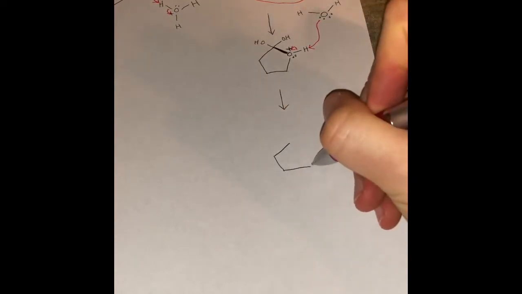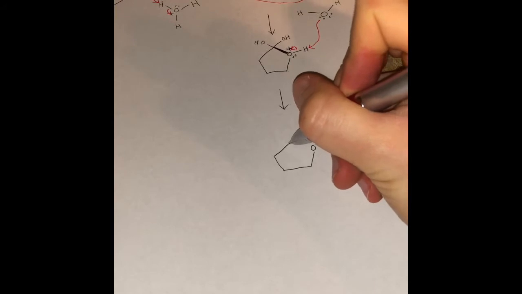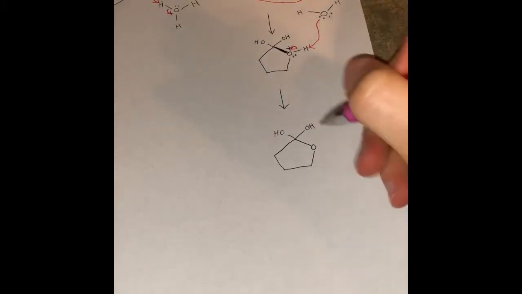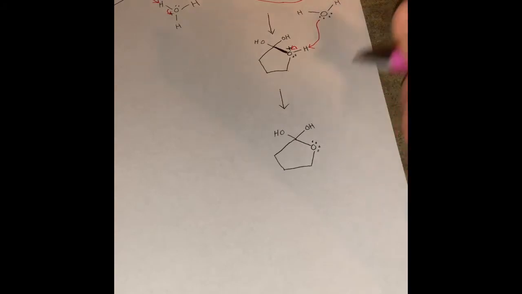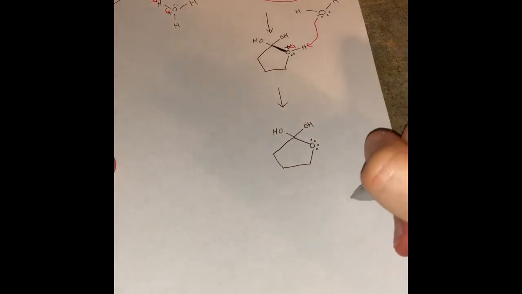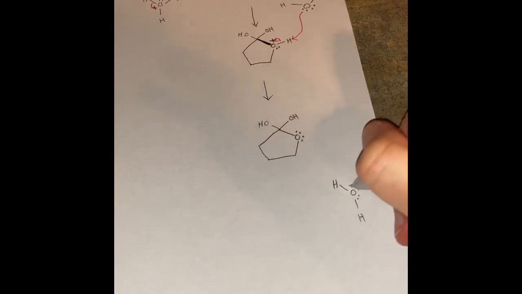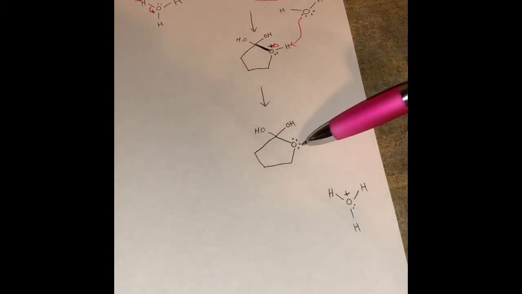And if it's going to act as a base, it's going to deprotonate this H right here to get rid of that positive on the O. Okay, now this water became an H3O plus again. And we're left with this structure for the meantime.